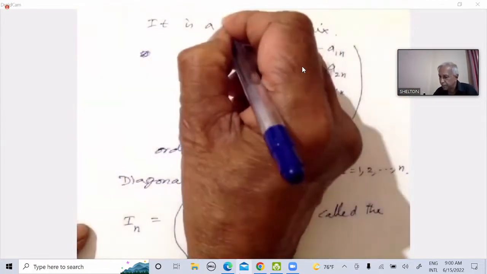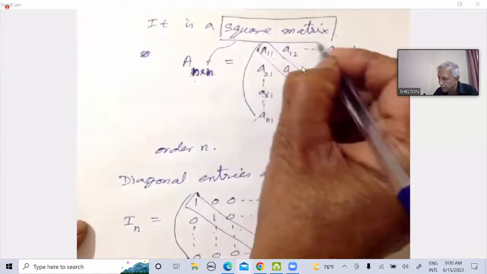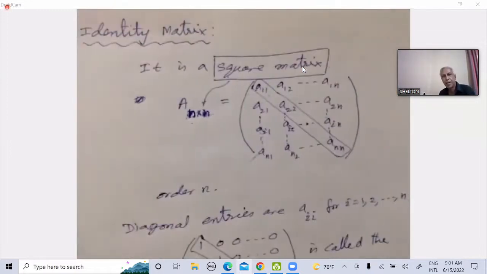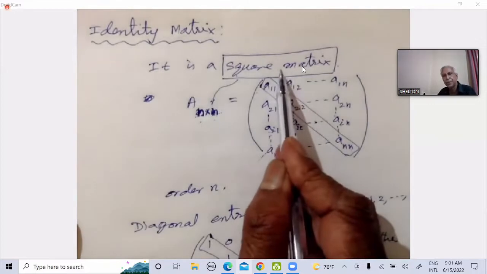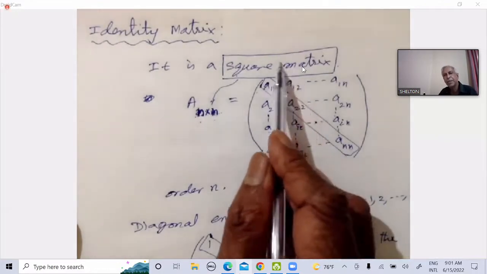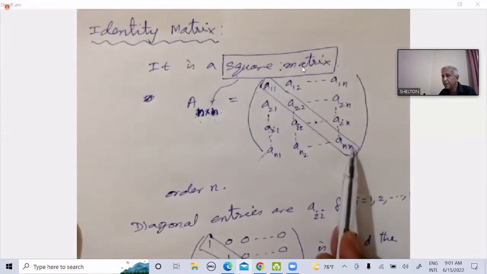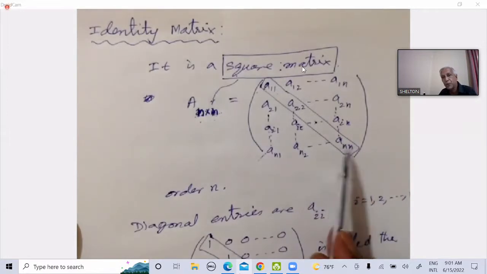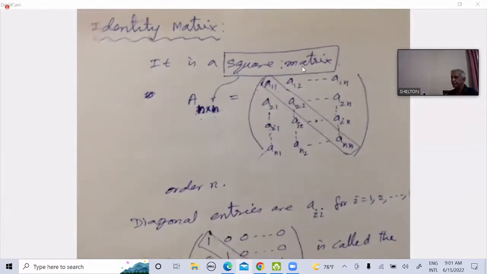Diagonal matrices and identity matrices exist only for square matrices, because they are the ones having a diagonal. If the size is, say, 3 by 2, it won't be considered a diagonal matrix.